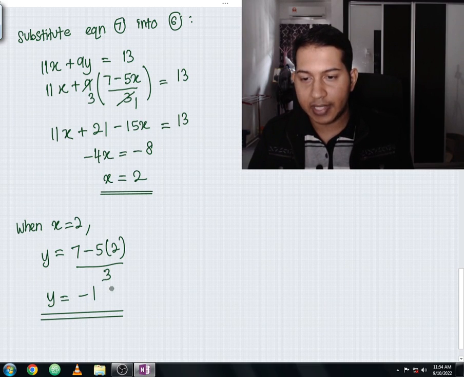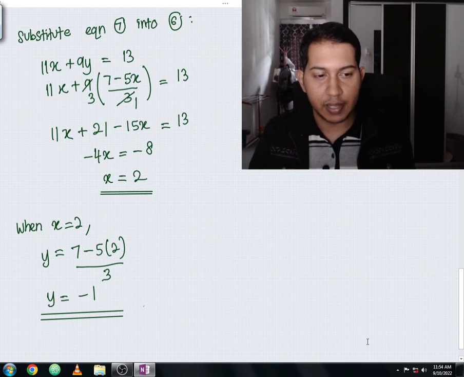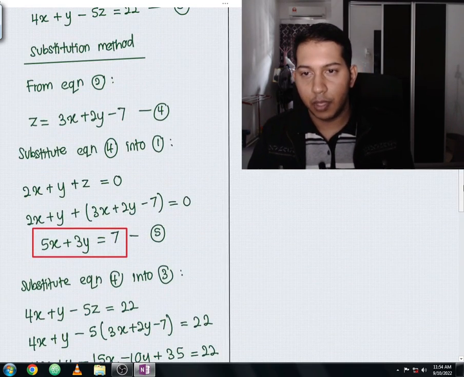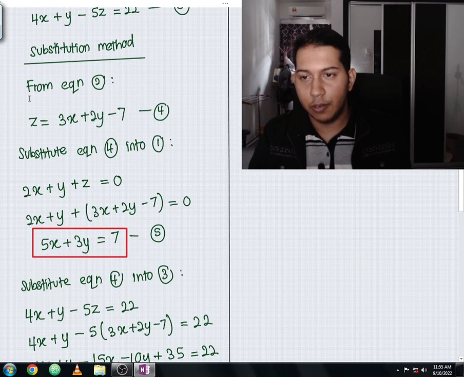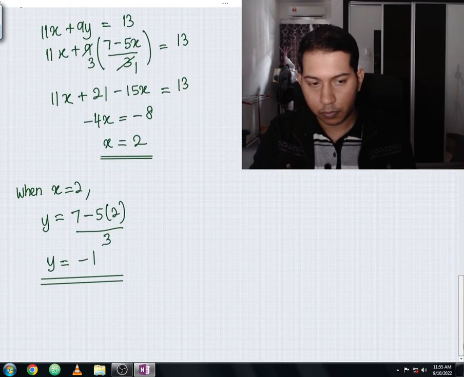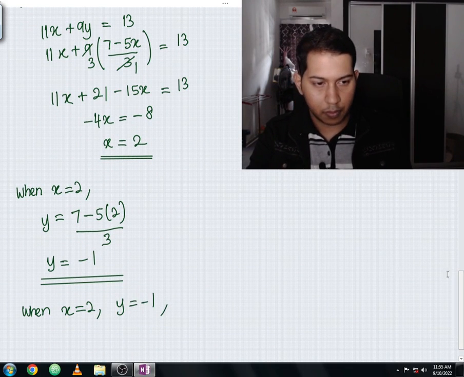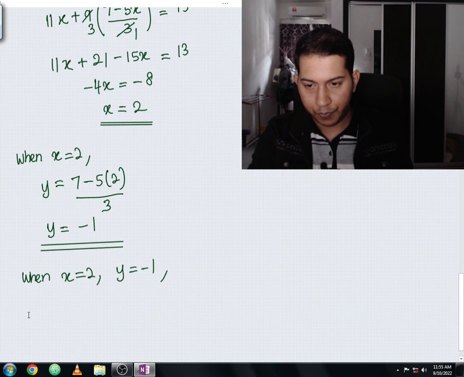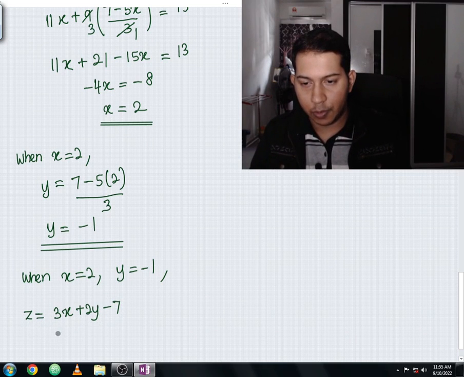Once you get your x and y value, it will be very easy for you to find the z value. So how to find the z value? Remember guys, early on you have already formed in equation 4, z is equal to 3x plus 2y minus 7. So we're going to use this equation to find our z value. When x equals 2, y equals negative 1, you substitute the respective values into this equation.